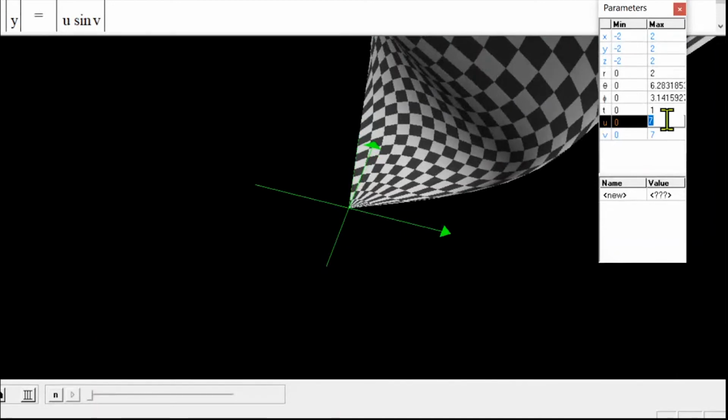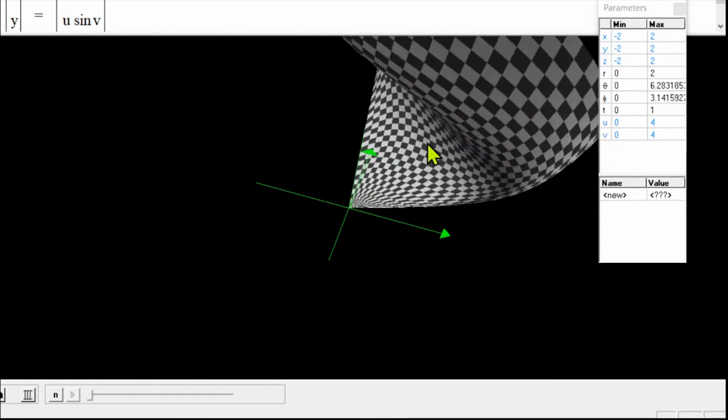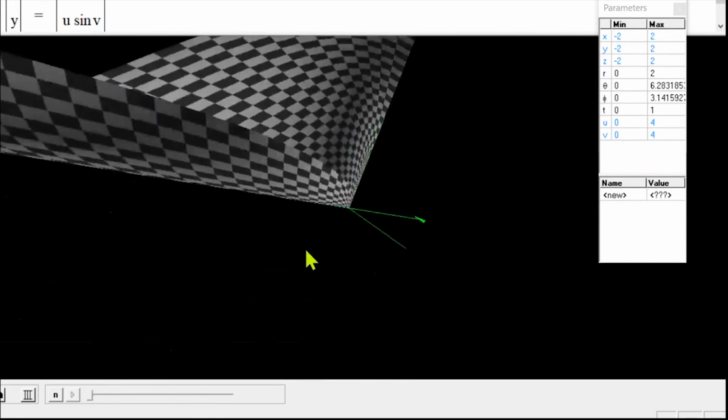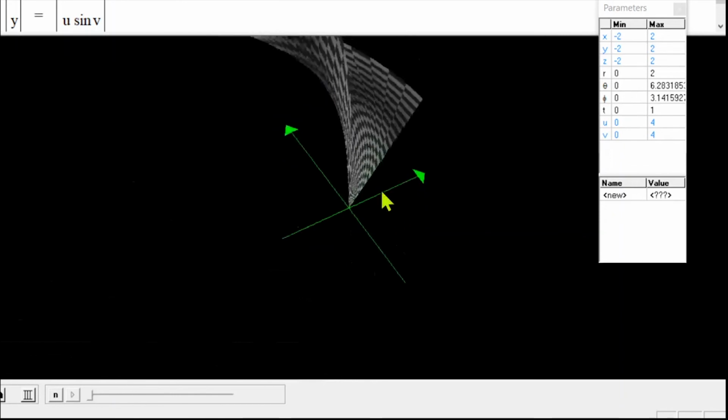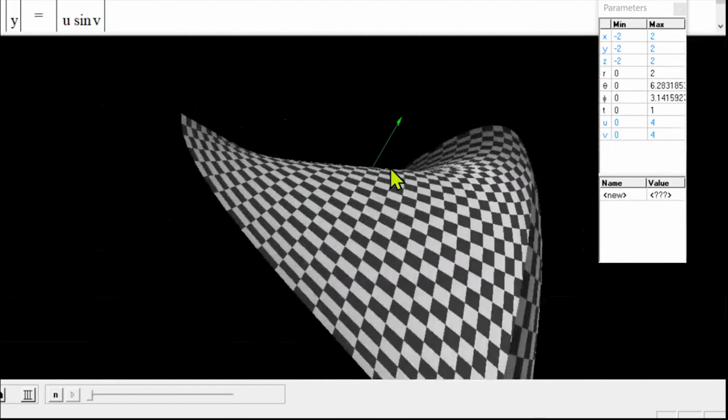I'm gonna cut it, so let's just go up to 4. Right? So it still has 2 degrees of freedom, and it just spirals out. So no wonder we couldn't see this, right?